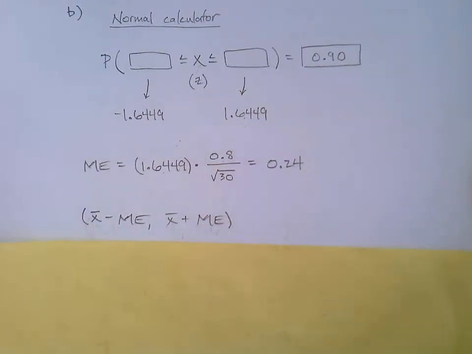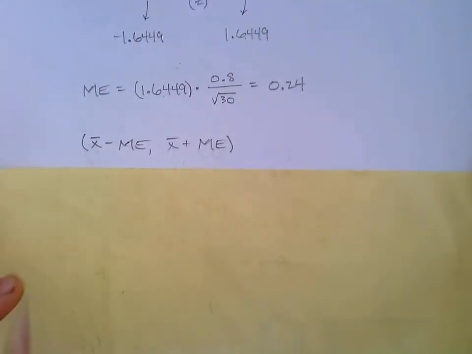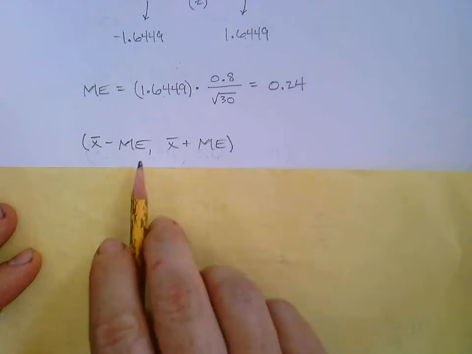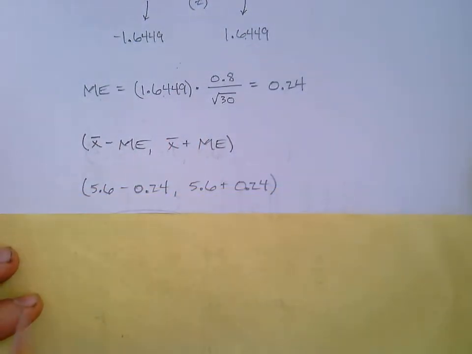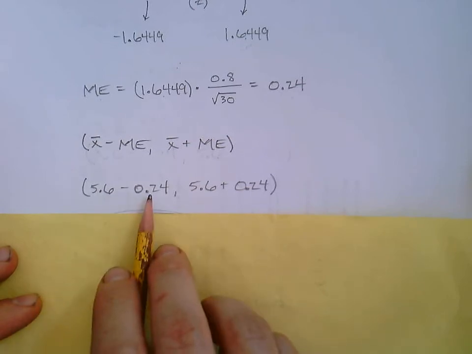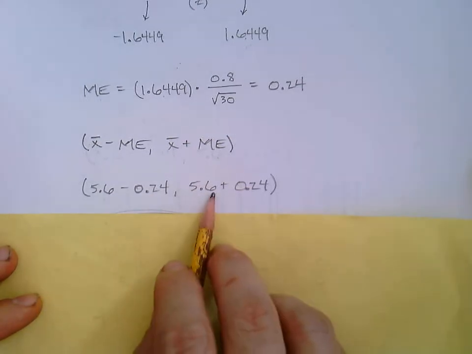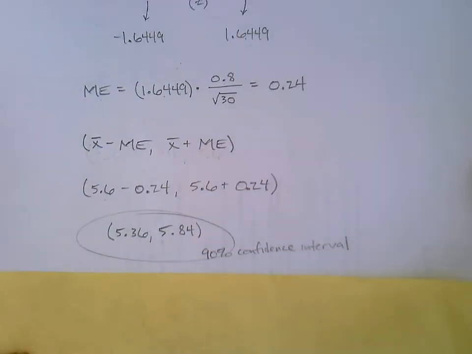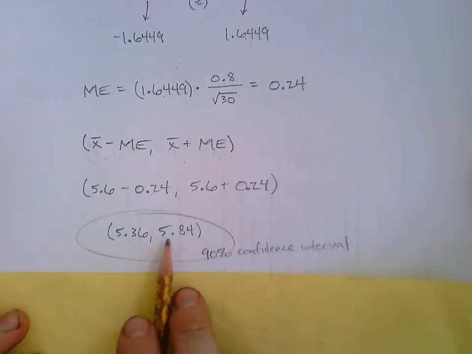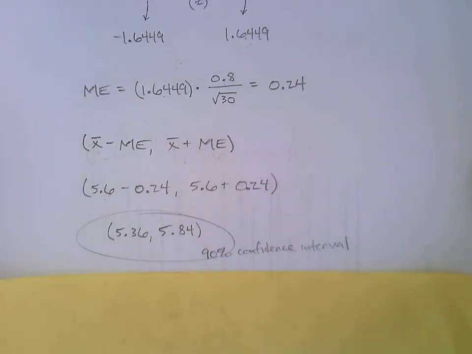Okay, once we have the margin of error, remember this is how we do our confidence interval. We take our point estimate and we subtract that margin of error for the lower bound. Take your point estimate, add that margin of error for the upper bound. And so 5.6 minus 0.24, comma 5.6 plus 0.24 gives us this 5.36, comma 5.84. We are 90% confident that the actual population mean falls between these two numbers.